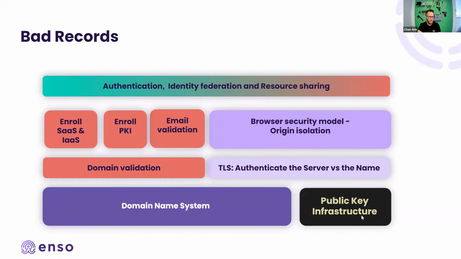But if you didn't do that, in a normal scenario it will be the same as having a bad, untrustworthy DNS system, and someone can potentially do part of those things based on that broken record, or a record that is not managed properly, or even a full namespace, a full domain that is not managed properly, and follow up with different domain validation scenarios that can breach some authentication, identity federation, or resource sharing facilities or subsystems that you have.